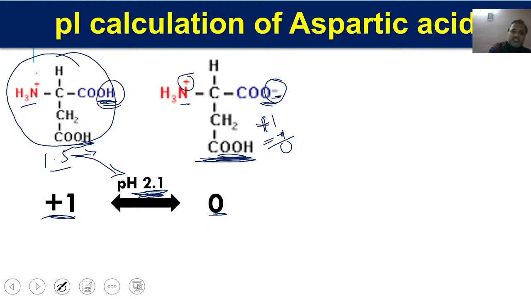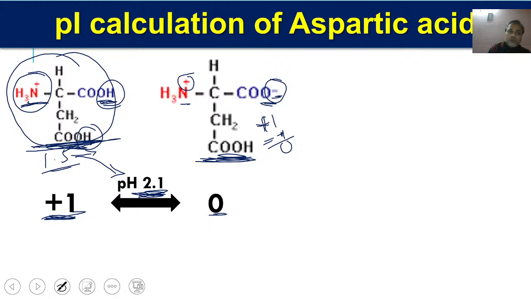This is a protonated structure, this is protonated, and this is also protonated. No extra H plus can be added now; this is the maximum H plus. So in this structure, at 1.5 or 1.8 or any pH less than 2.1, it has one positive charge. So I have written one positive charge here.